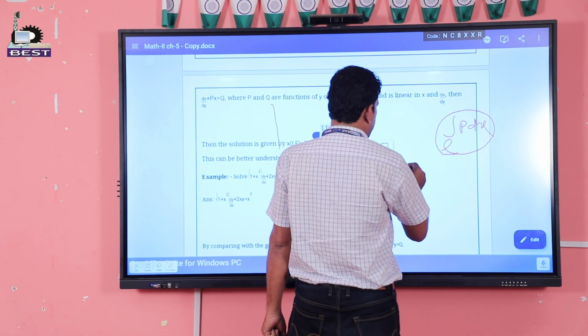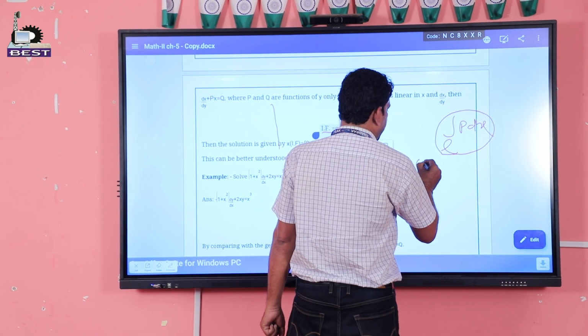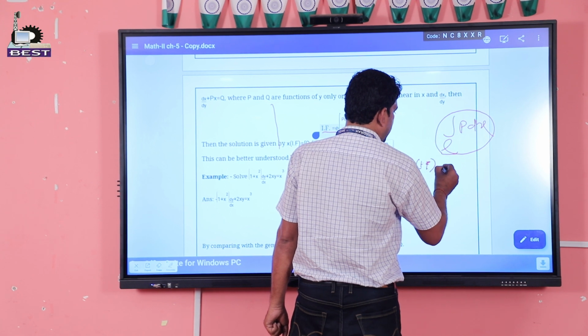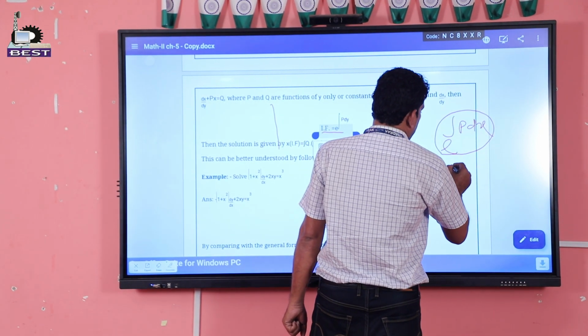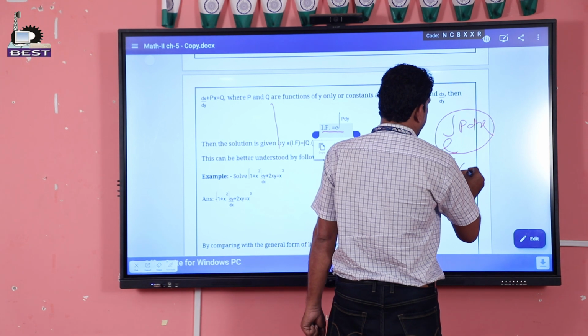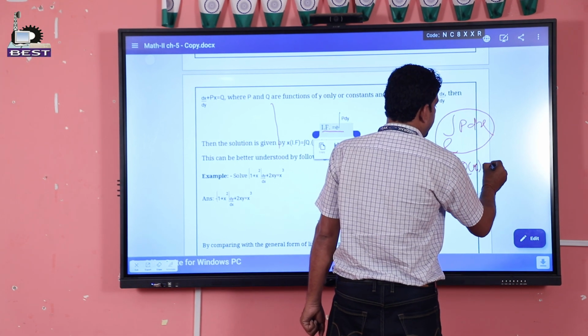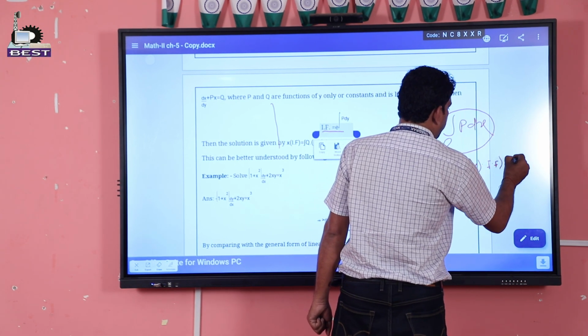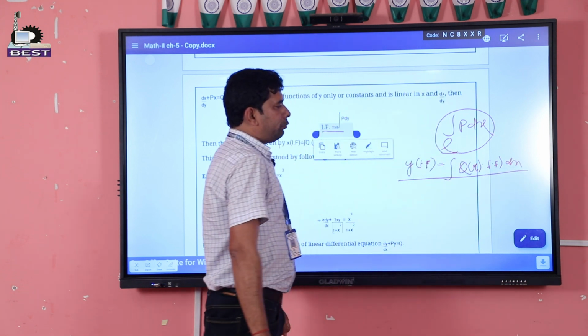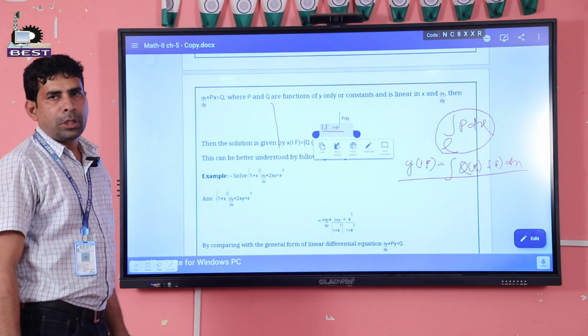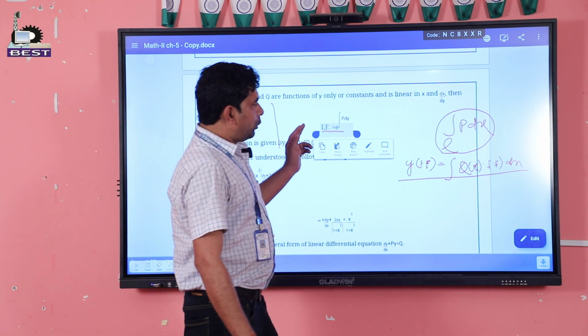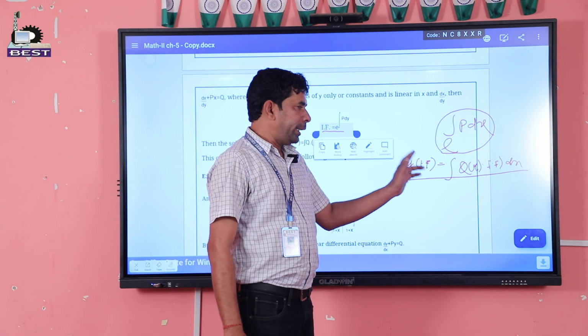The general solution of this equation is y into integrating factor equal to integration of q of x into integrating factor, whole dx, that gives the general solution of the equation of the form of y with respect to x.